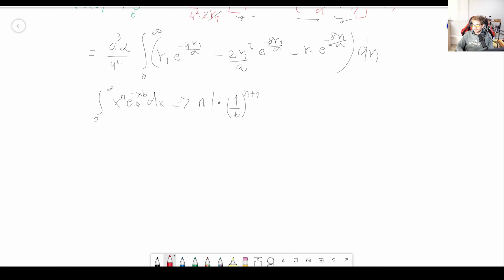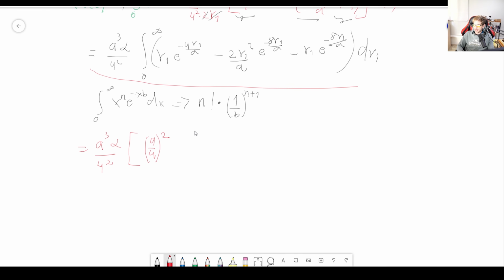Okay, so going back to this part. So we get a cubed alpha divided by 4 squared, and then we get this thing right here, n is equal to 1. 1 factorial is 1. And this thing, our 1 over b, which is going to be a over 4, is going to be to the n plus 1, which is 2, right? n was 1.